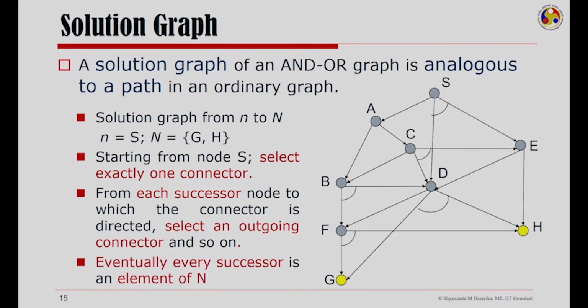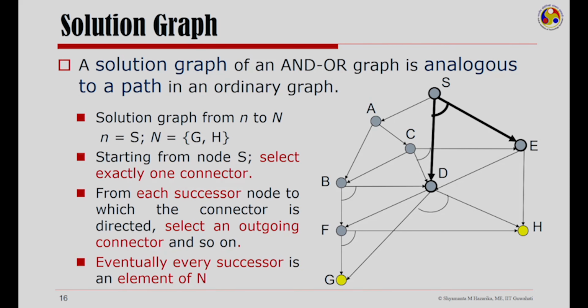Let us now see if there is more than one solution to this graph. Recall that we had started by following the one connector from S leading to A. Instead of that, if we follow the 2 connector, that is, we move this way from S, then we would have to solve first by moving to E and then moving to D, because they are on an AND arc.